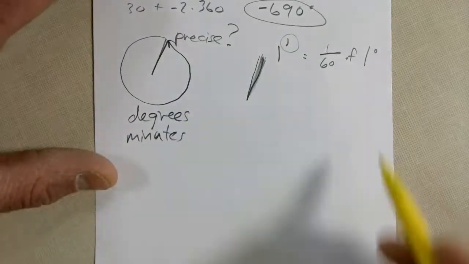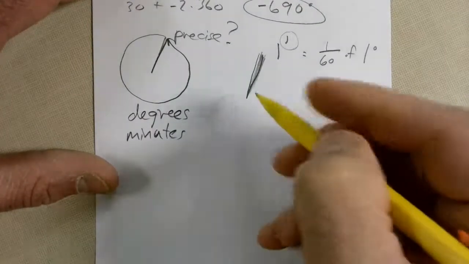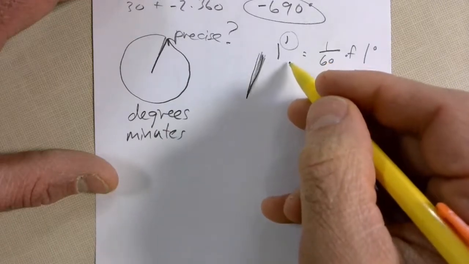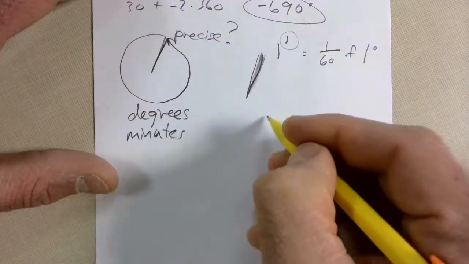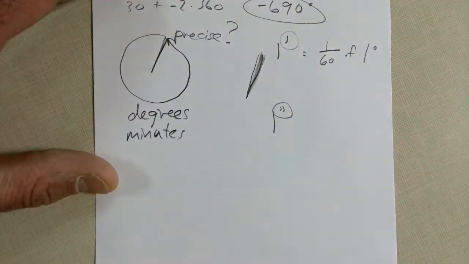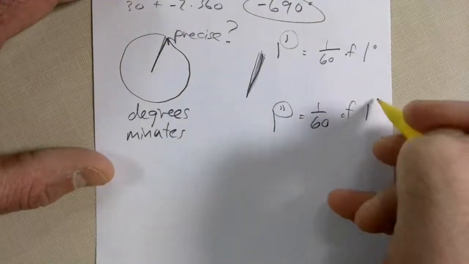Now suppose a minute is not exact enough. Just like on a clock, you can take 1 minute and divide it into 60 pieces. So 1 second, and the double apostrophe means second, is equal to 1/60th of 1 minute.